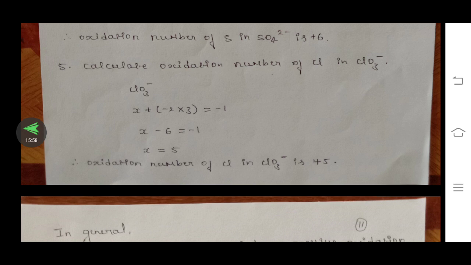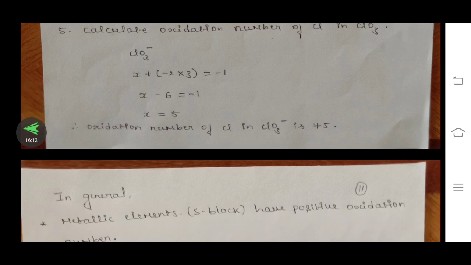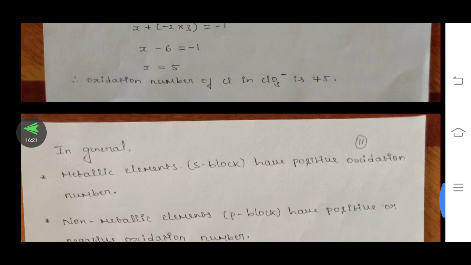Because the oxidation number of oxygen is minus 2, into 3 oxygens present, equals minus 1 because a minus charge is present. So I have to take minus 1 on the right side. Now x minus 6 equals minus 1, so x equals 5. Therefore the oxidation number of Cl in ClO3 minus is plus 5.